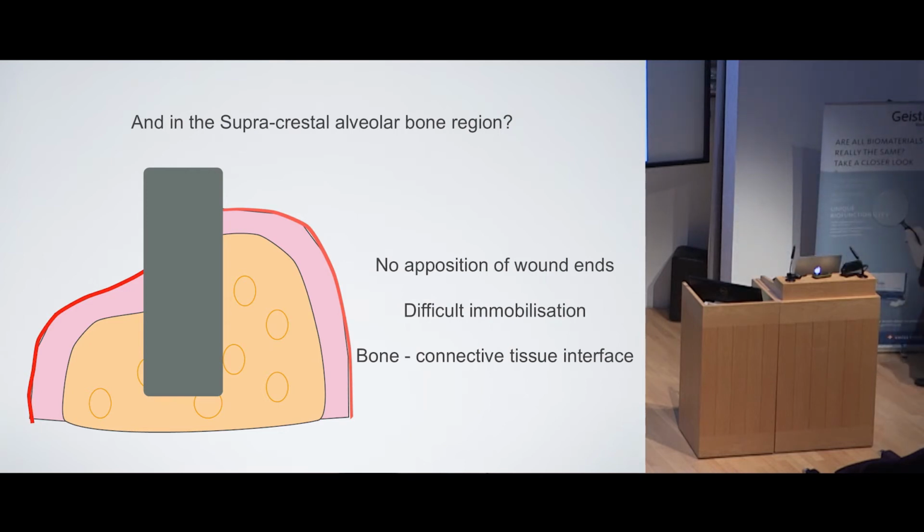So there's no apposition of wound ends. In fact, if you want to grow bone here, not only is there not bone above it to grow into it, you've got to deal with a completely different tissue. There's an interface between the bone and the connective tissue above it.